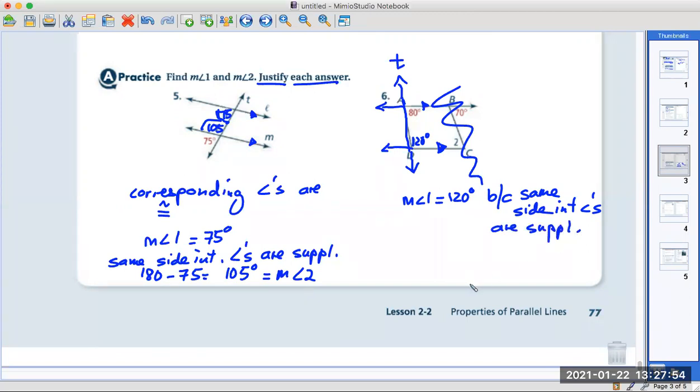I'll shorten all that. So 120 plus 80 is wait, no, it's 100. 100 plus 80. There. That's better. Wonder if you guys caught that.